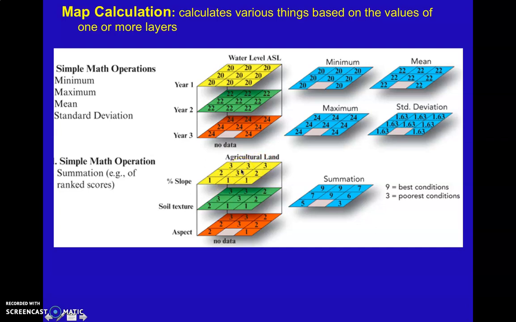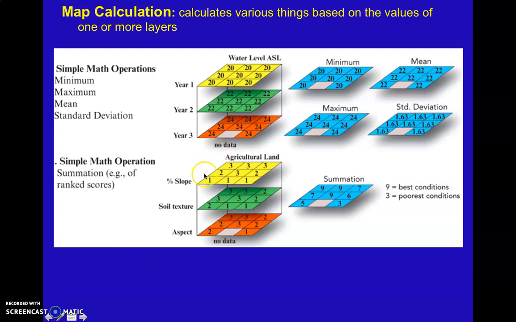So that's a way of assigning some kind of value to something. We could do that with soil texture, so the areas with a favorable soil texture would get a high value. For aspect, we want areas that are facing into the sun, let's say. We don't want areas facing away from the sun. And so we might give them a high value.